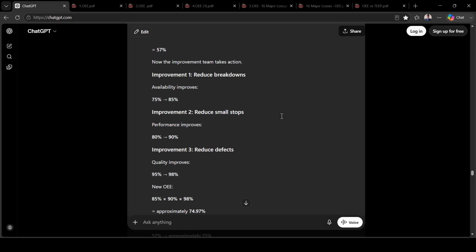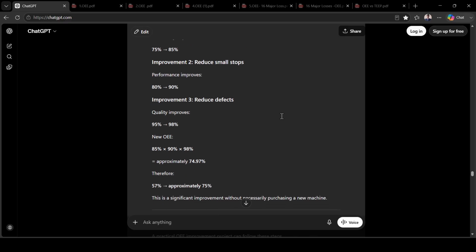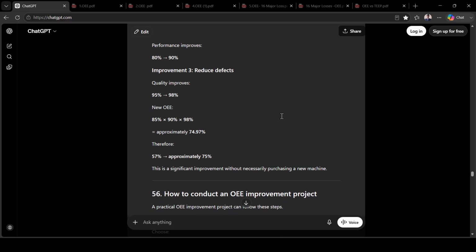Improvement 3, reduce defects, quality improves from 95 to 98%. Now OE is 85 times 90 times 98, approximately 74.997%. Therefore, 57 percent improves to approximately 75 percent. This is a significant improvement without necessarily purchasing a new machine.